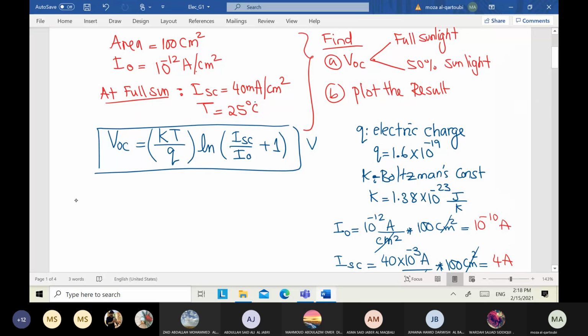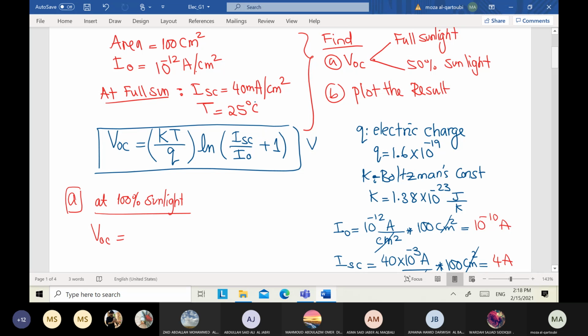So in case 1, part A, at 100% of full sunlight, V open circuit equals K given, T also given, this is standard at room temperature, over Q. And if it is given in the exam at 25 degrees C, this value directly will be 0.0257.